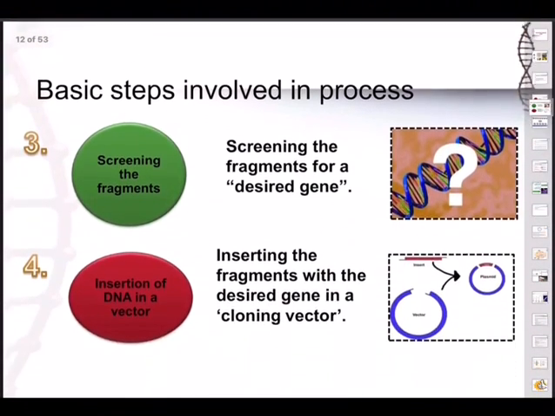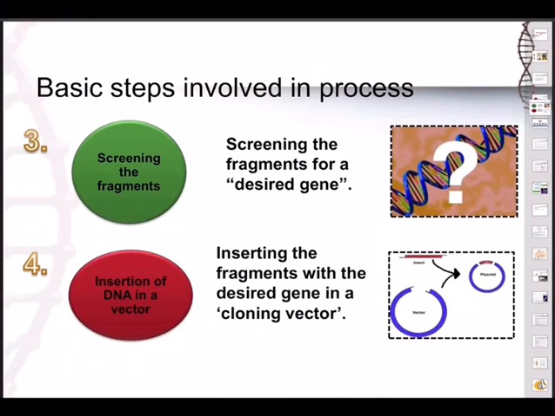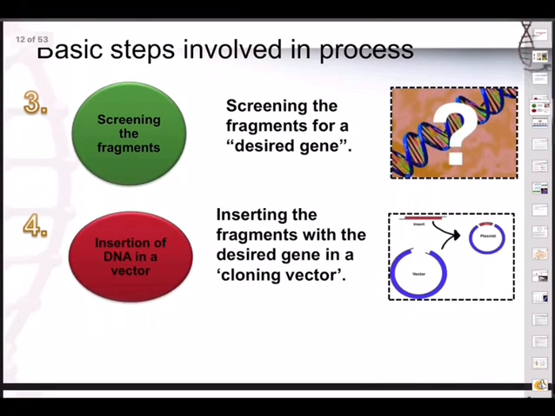Then, among the basic steps involved in the process: screening the fragments. These fragments are to be screened for the desired gene, and then insertion of DNA in the vector, inserting the fragments with the desired gene in a cloning vector. Here you can see the vector is cut, and then the desirable gene is inserted in the plasmid.